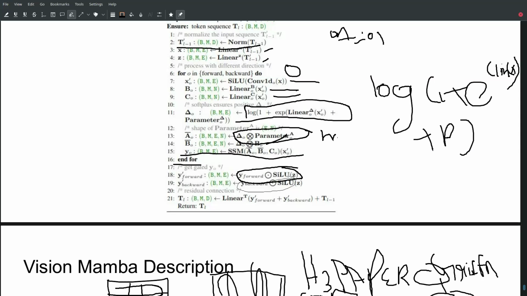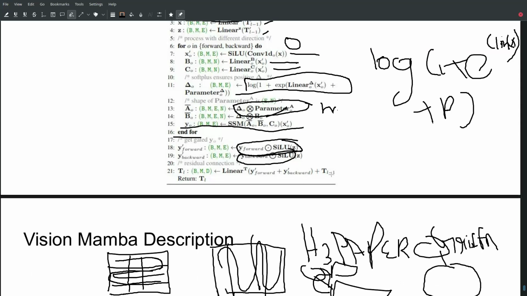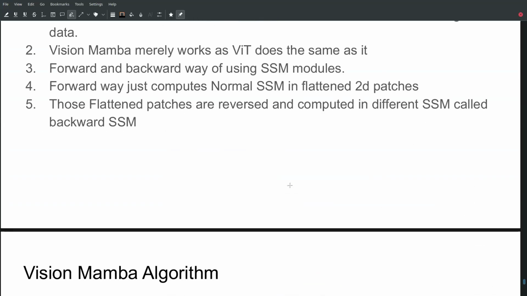You add it with the residual connection and linearly project it. It's the same thing, but you're just adding another layer and a backward SSM. That's pretty much how we came upon Mamba and Mamba for Vision. I think you guys had a primer on this, so yeah.